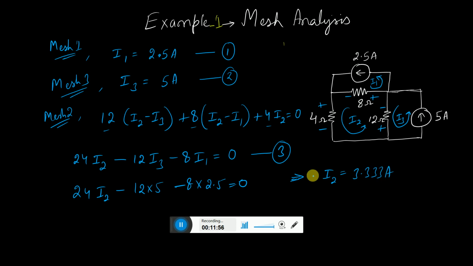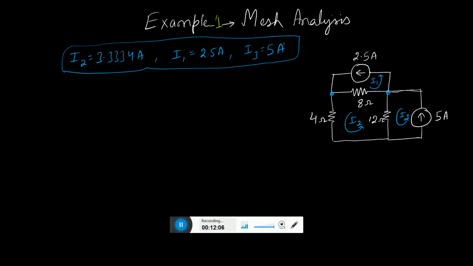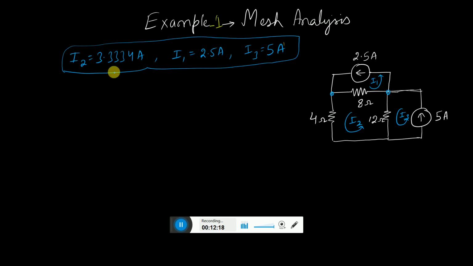So this much ampere is I2. So now we have got the value of I1, the value of I3, and the value of I2, right? So the values of I1 and I3 are already there, and I2 we calculated from this figure, and the I2 value is written over here.